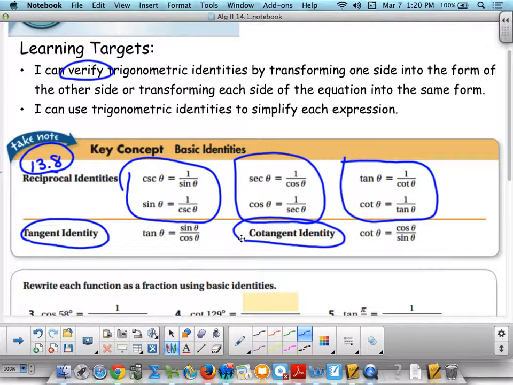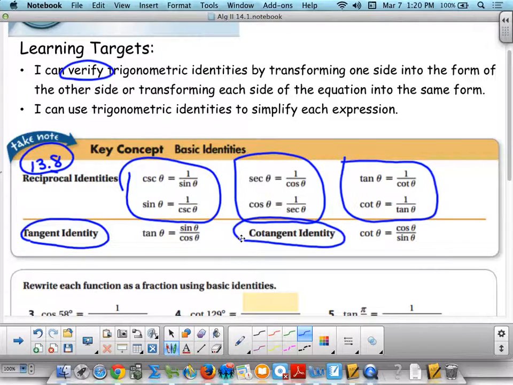X over 1, which is x. Now, by me writing that, here's what I was hoping you'd understand. Here's what I'm trying to do now.